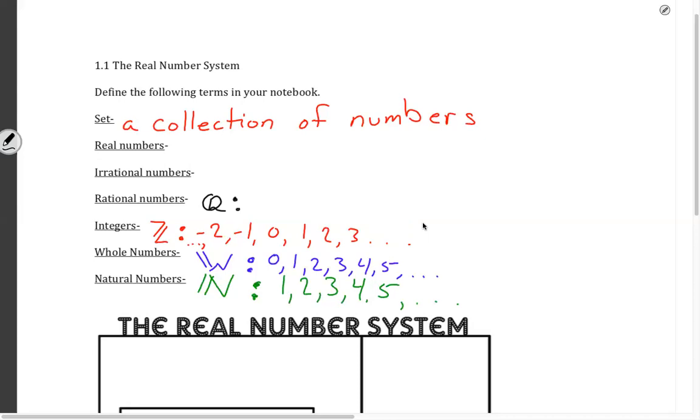These are essentially decimals, fractions, positive, negative, all of that fun stuff. Now, there's one big difference between irrational and rational.